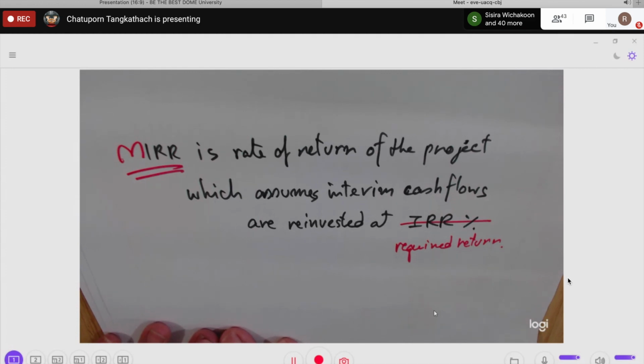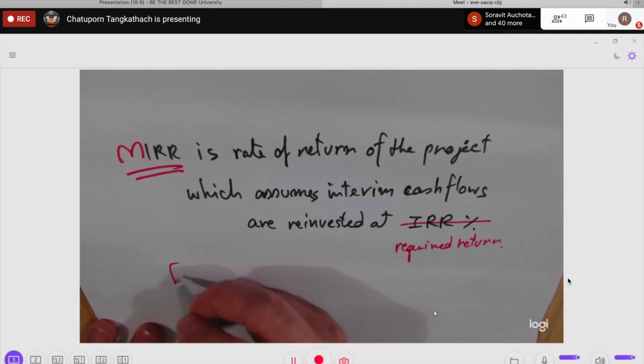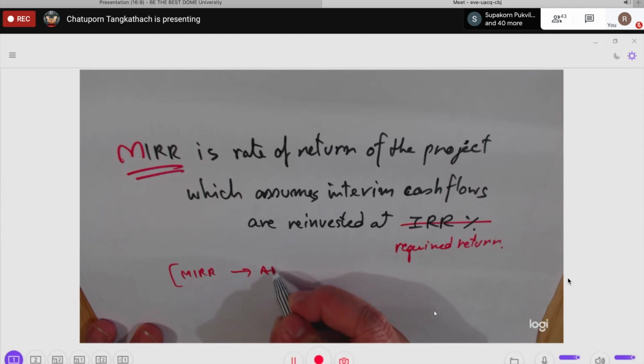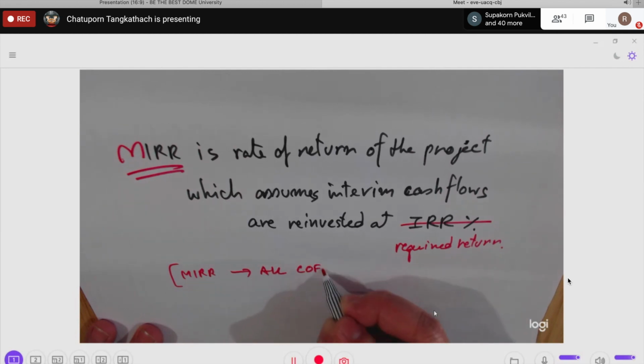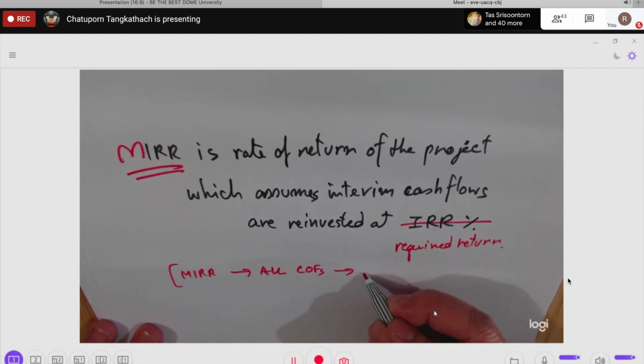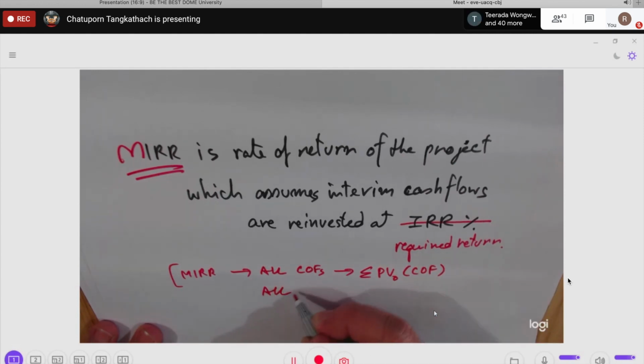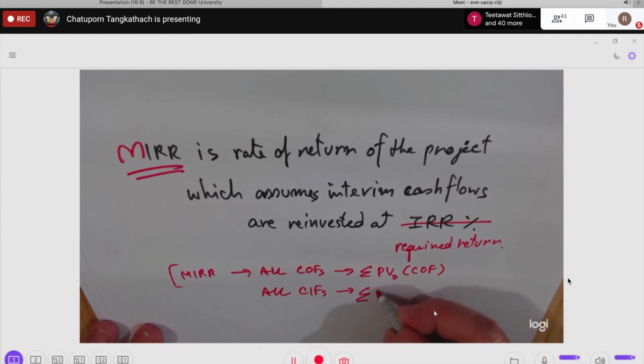And beware, for MIRR, you must know that all cash outflows must be computed as present value together, and all cash inflows must be computed as future value at the end of the project life.